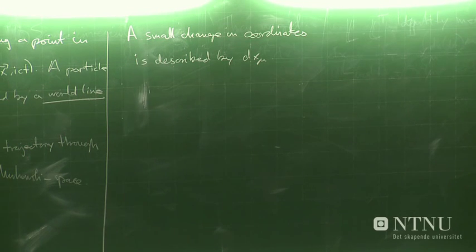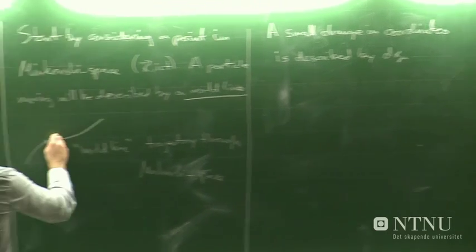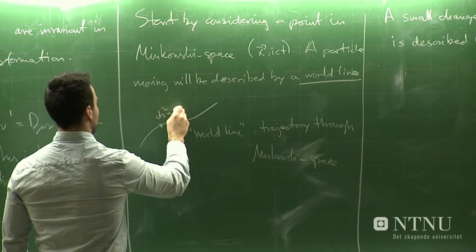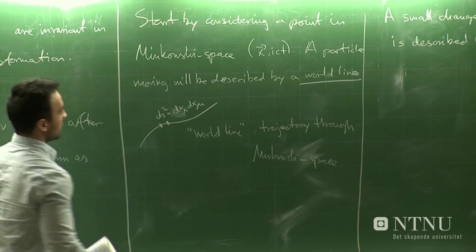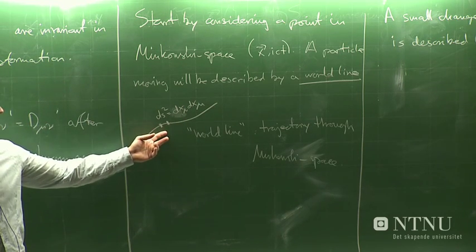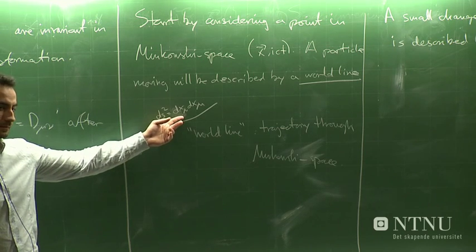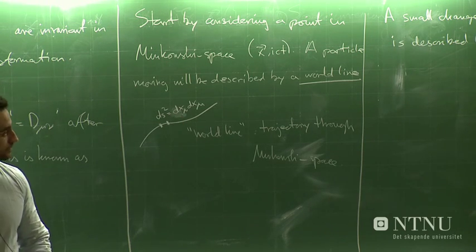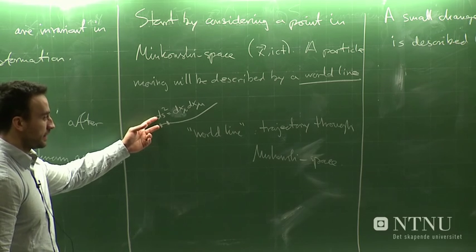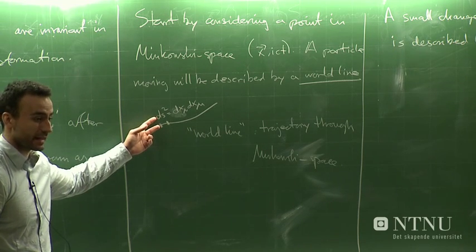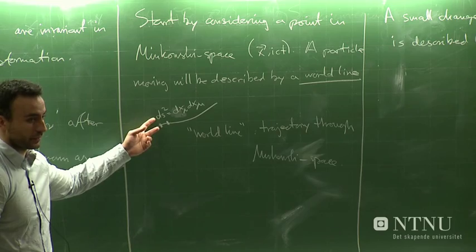Now, a small change in the coordinates of the particle is represented by dx mu. x mu is the position vector, if you will, in Minkowski space. So we can represent an infinitesimal path element like this. And we know that this is a Lorentz invariant. It's the same in all inertial systems, which we have proved.